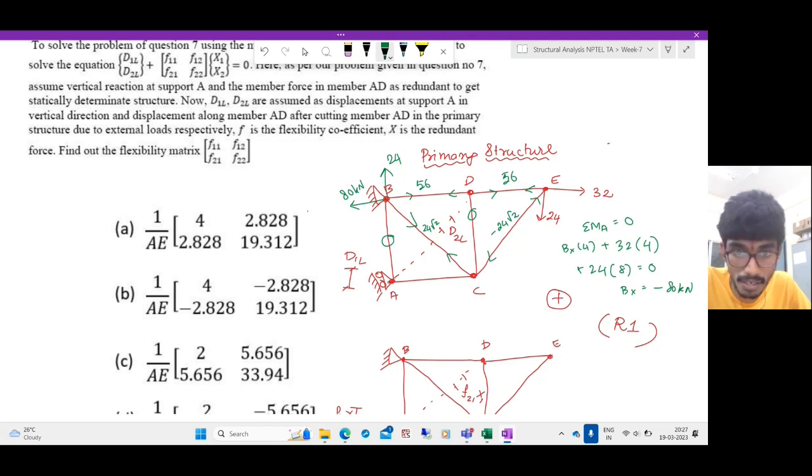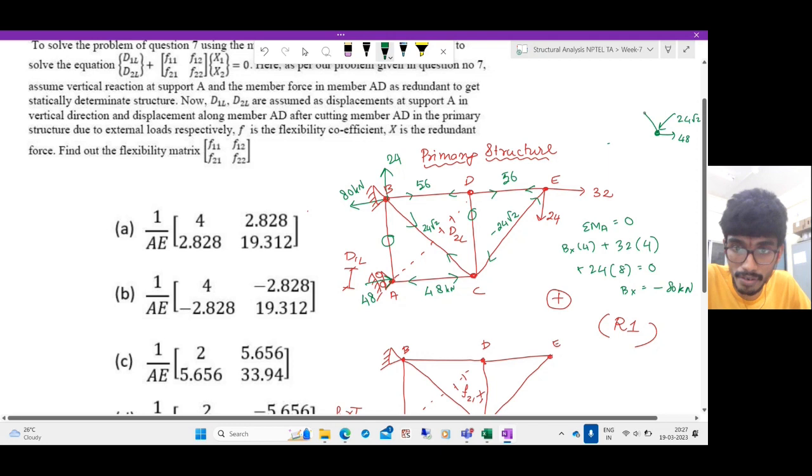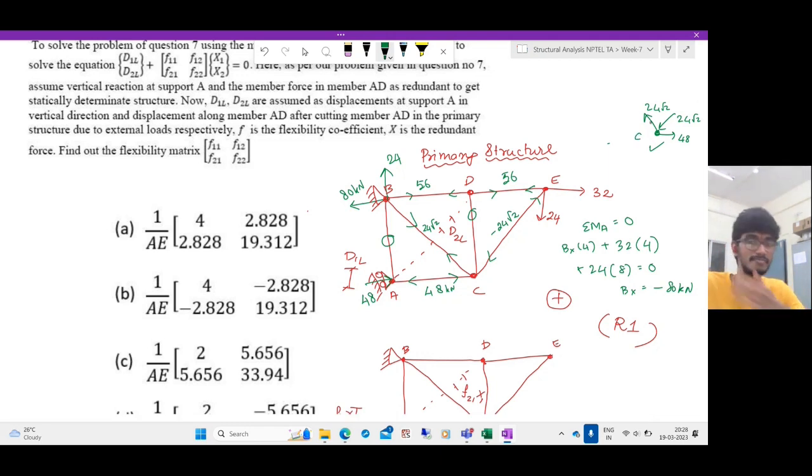So this will be subjected to an upward force of 48, which means this is subjected to a compression of 48. Now check the equilibrium of joint C. You have 48 and you have 24 root 2, 24 root 2. So this is fine. So the equilibrium of joint C is satisfied. Let us fill in the values as usual.